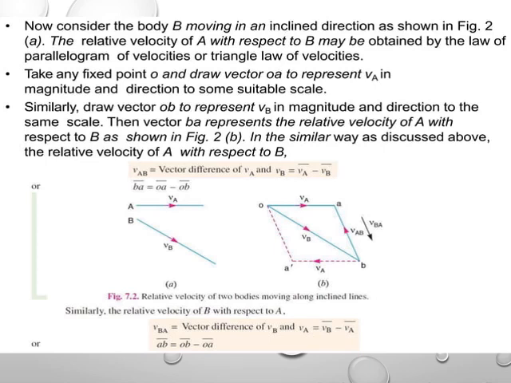In this figure, we can see that O is the fixed point. Next, A is moved towards, that's a parallelogram and inclined AB line. That shows VB is moved towards the opposite direction. Similarly, that shows the relative velocity of A with respect to B.